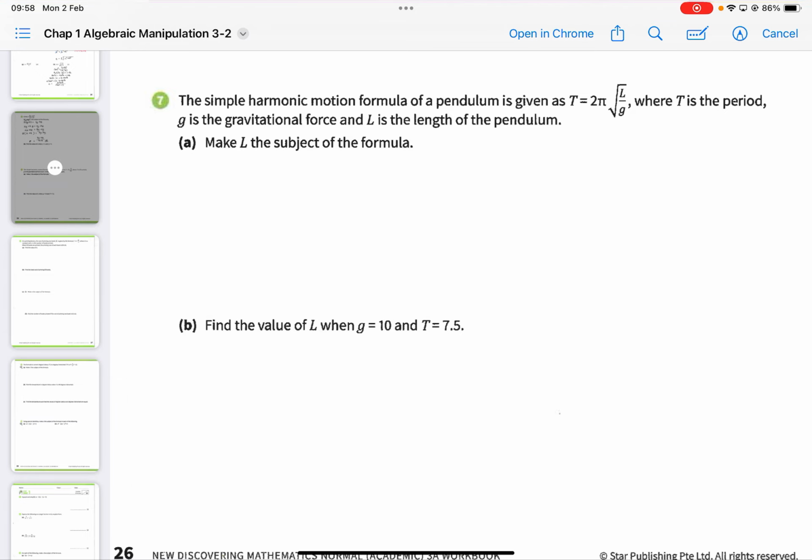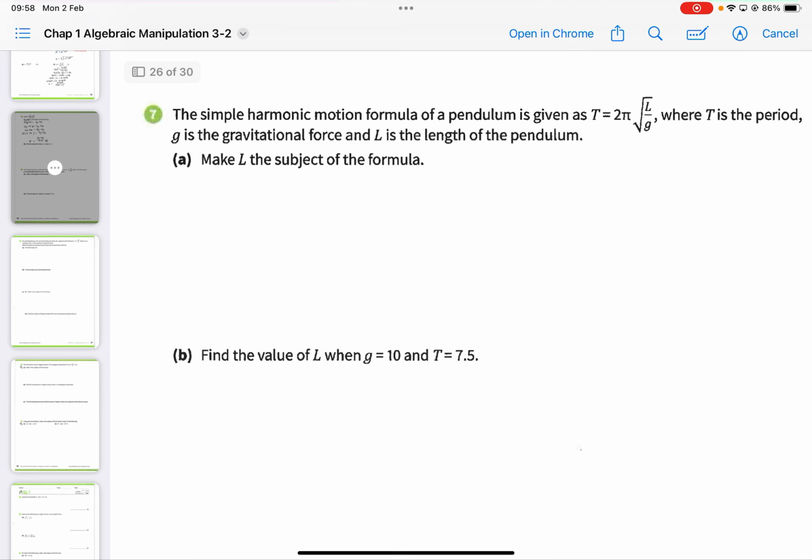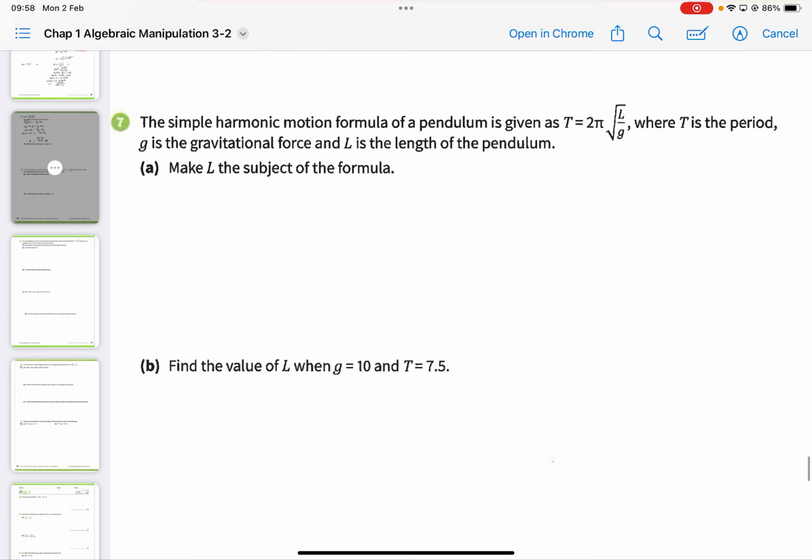But after reading the story, they just give you what is L, what is G, what is T, all this. They give you the story, but actually they are just telling you there is this formula. Then from this formula, they want you to change the subject. Okay? So the background story is just to give you a story.